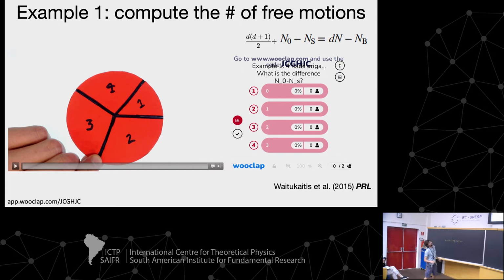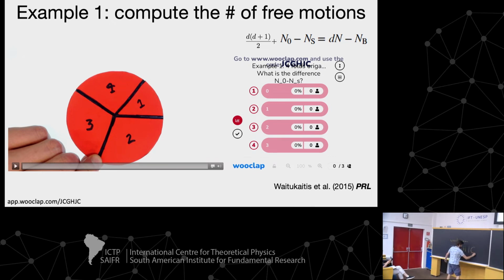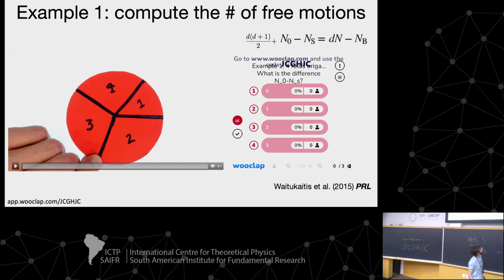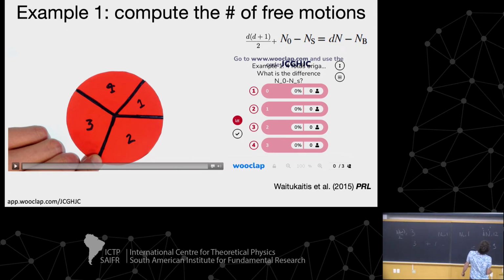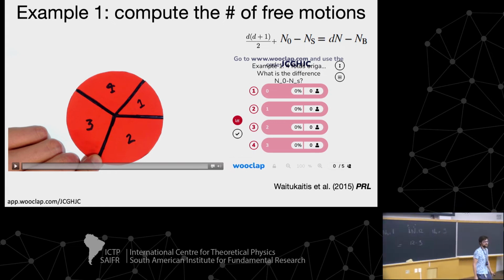Then you enter the code JCGHIC. Does it need to be capital letters? Yeah, capital letters. JCGHIC. Okay.